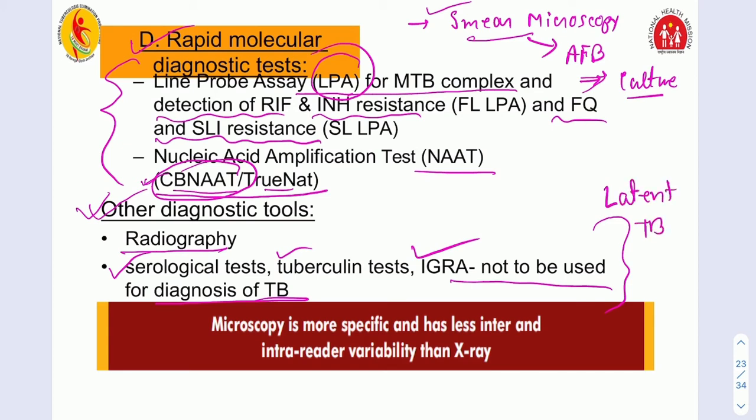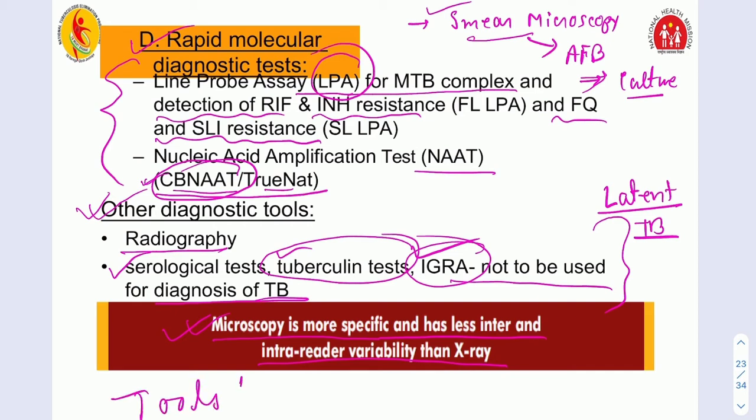Latent tuberculosis identification is done by tuberculin test and interferon gamma release assay based test, not for the diagnosis of active tuberculosis. Just to mention that smear microscopy is more specific and has less inter and intra-reader variability than X-ray. So this is about the tools or tests we use for the diagnosis of tuberculosis.